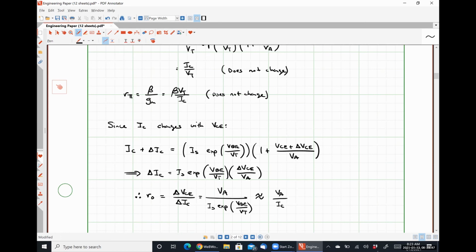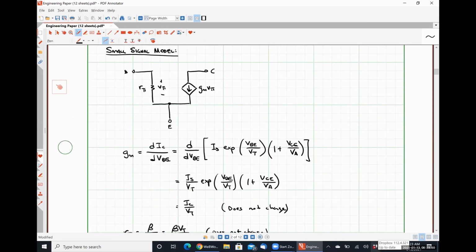So what that does to our small signal model is it puts a resistance R naught between the collector and the emitter that represents the linear relationship between changes in the collector emitter voltage causing changes in the collector current.